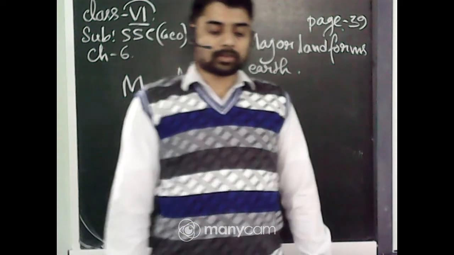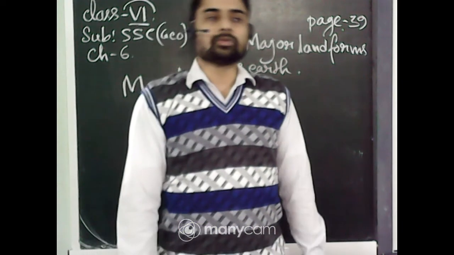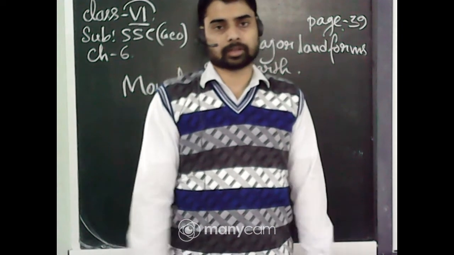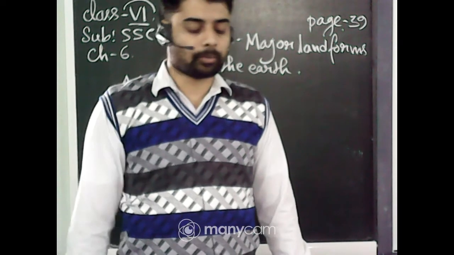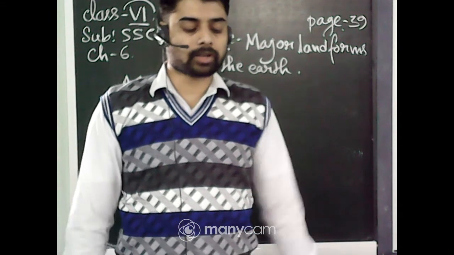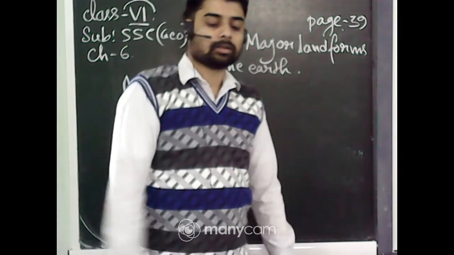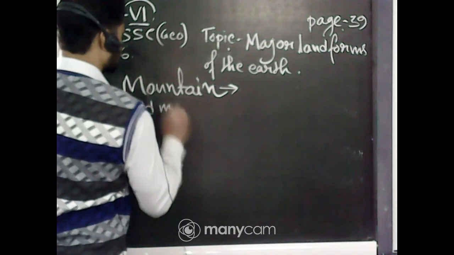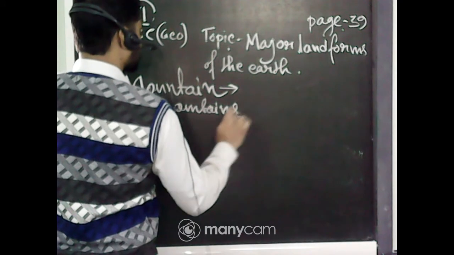So mountains vary in their heights and shape. Mountains do not all look similar; different types of mountains are present on the earth, and their heights and shapes are also different. As per their creation, height and shape, they are divided into three types. Number one, fold mountains.